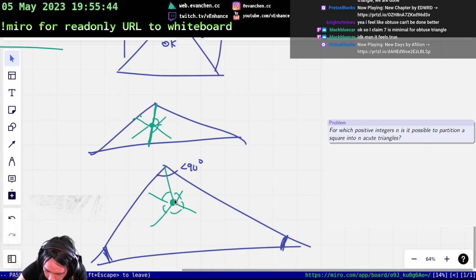So each of these angles will be in a different triangle, and each of the two blue angles here are also in a different triangle. So yeah, this is 1, 2, 4, 5, 6, 7. So I don't think the pentagon can be improved because of this argument.